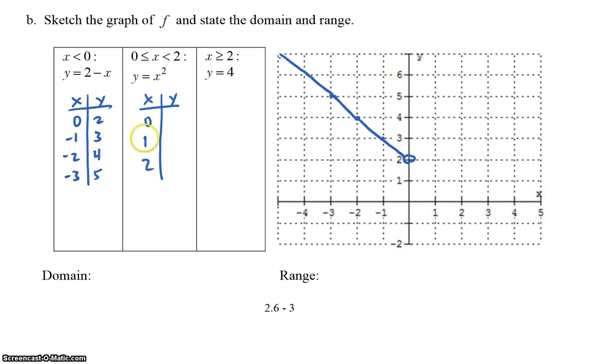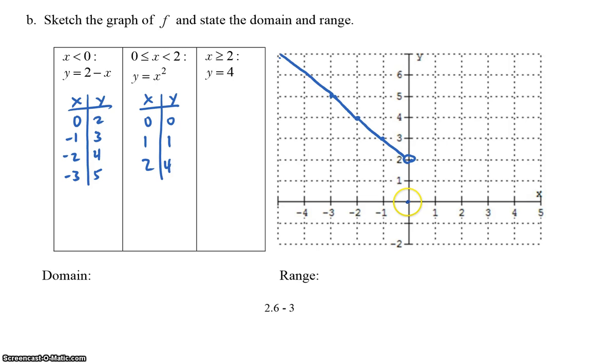And I'll use 2, even though it says x is less than 2. We'll use 2 anyway to establish an endpoint for this part of the graph. So we square the x to get the y value for this part of the function. 0 squared is 0. 1 squared is 1. 2 squared is 4.